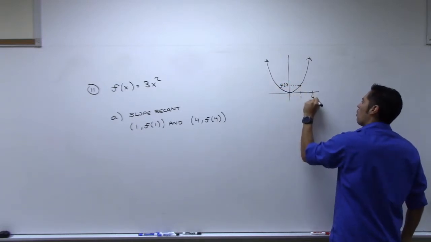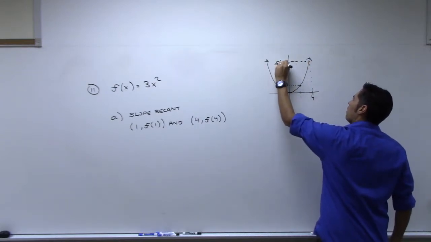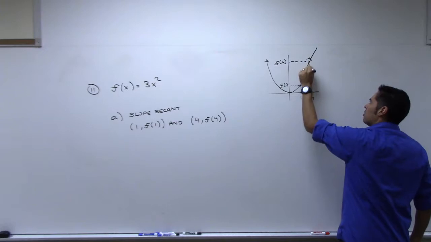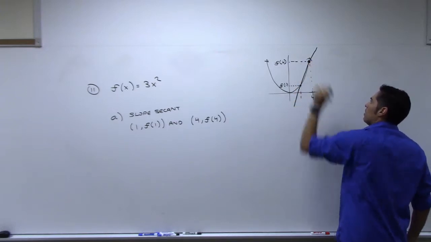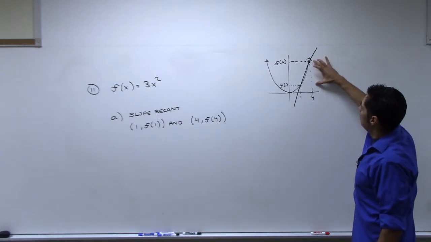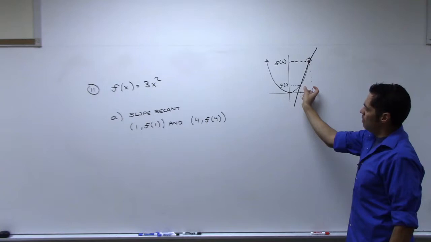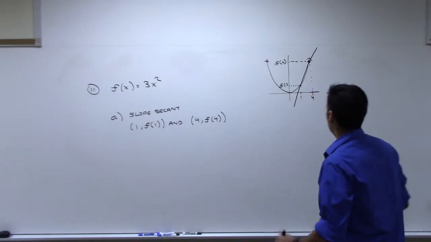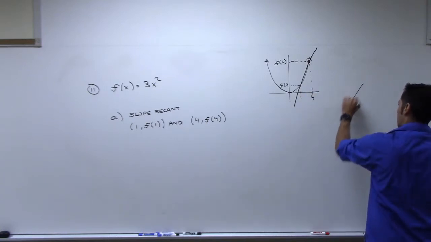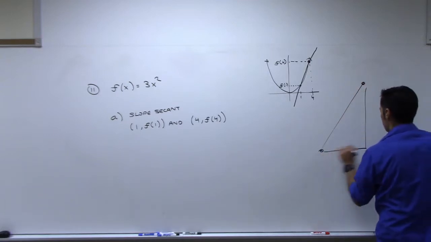Then we're going to 4, and we're plugging in, this is f of 4, and we're trying to find the slope of the line connecting these 2 points. So that's rise over run.